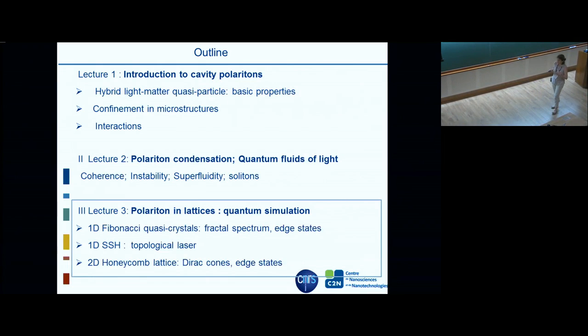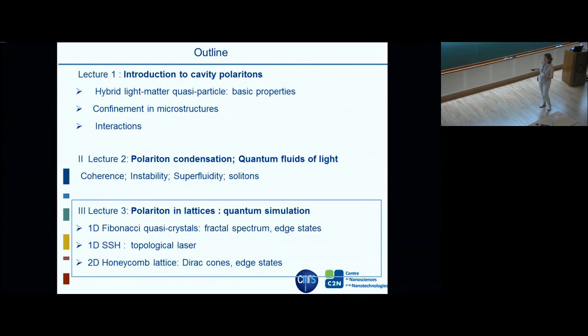So the way I'm going to explain these experiments, I've chosen three experiments, and actually this is somehow chronological. The first experiment is on quasi-crystals. We were first interested in emulating a quasi-crystal and, thanks to cavity polaritons, being able to image the modes in real space and in reciprocal space.